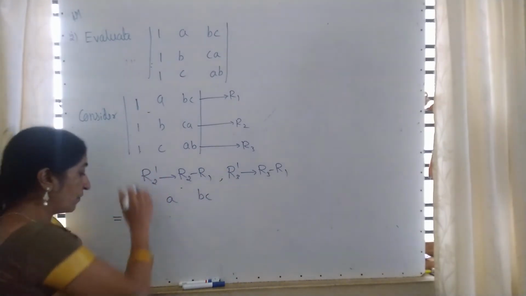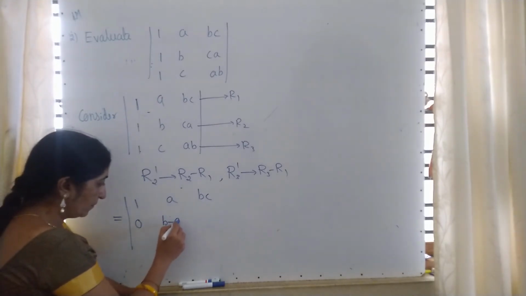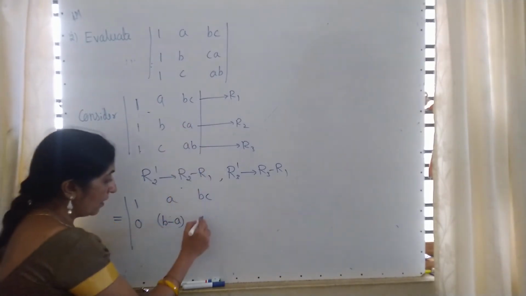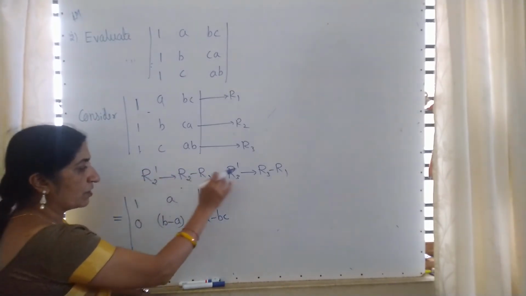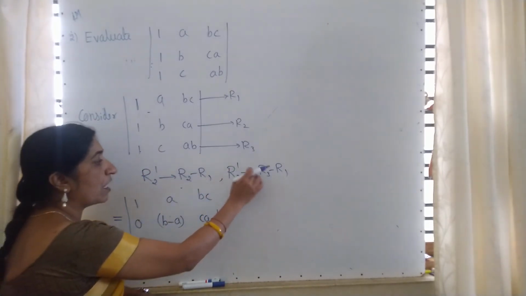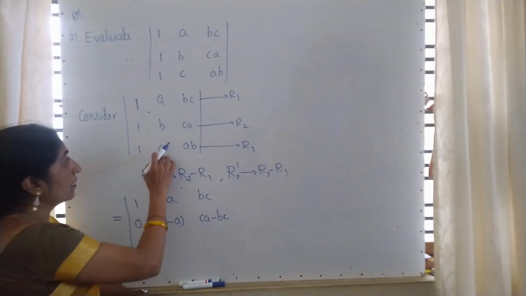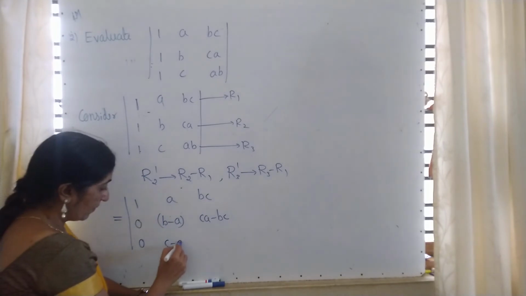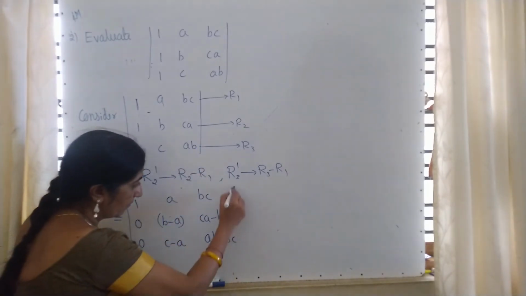If all the elements in the column are equal, we have to apply the row operation. R2 minus R1: 1 minus 1, 0. B minus A, next CA minus BC. This completes the first operation. Second one, R3 dash is R3 minus R1. 1 minus 1, 0. Then C minus A, AB minus BC.